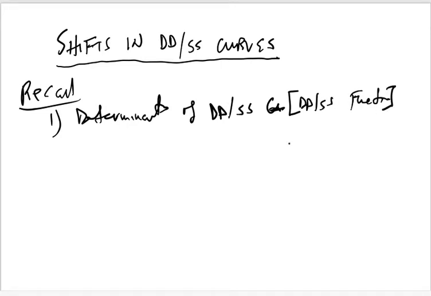The demand function summarizes the determinants of demand, and the supply function summarizes the determinants of supply. So we are talking about factors that affect demand and supply.